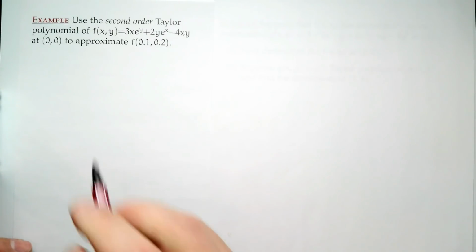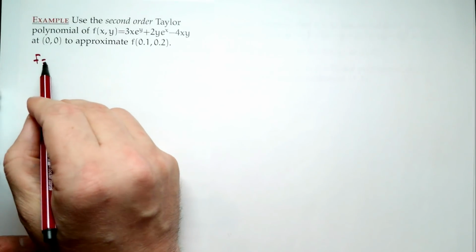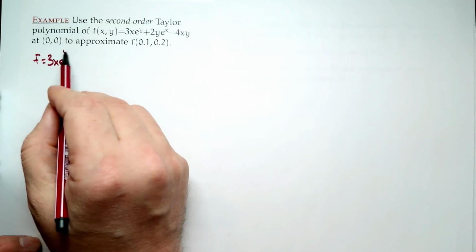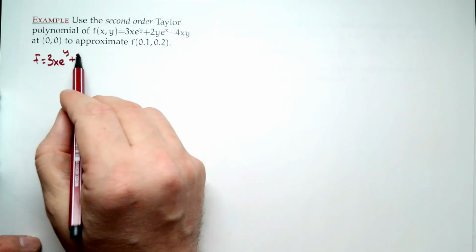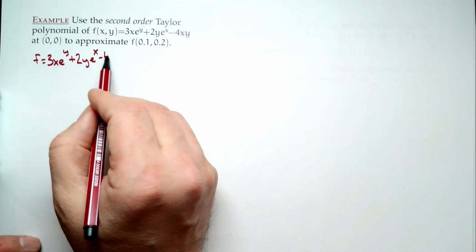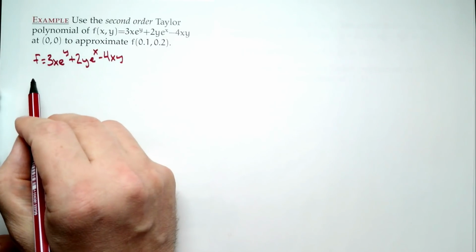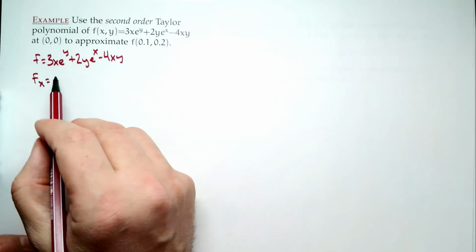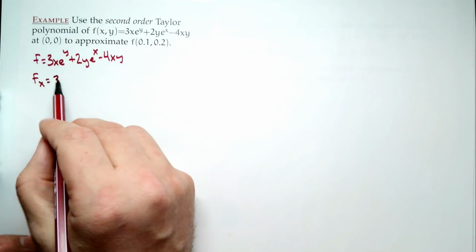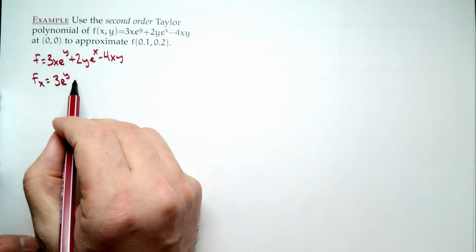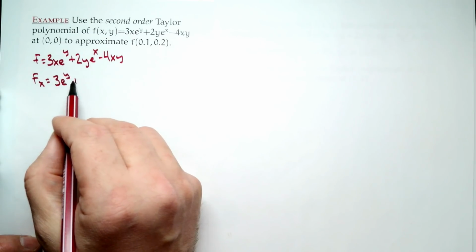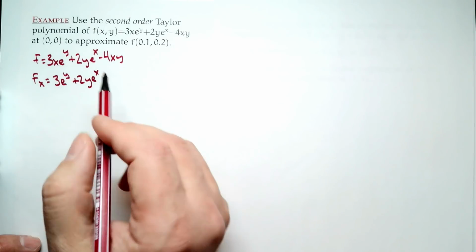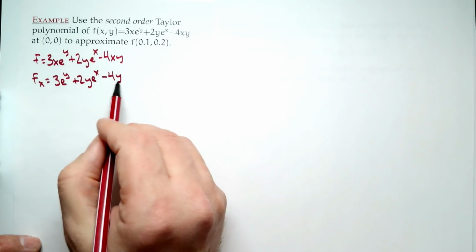All right. Well, so how do you start this problem? Lots and lots of derivatives. Happy days. 3x e to the y, 2y e to the x, minus 4xy. Okay, so f sub x will be 3e to the y plus 2y e to the x minus 4y.